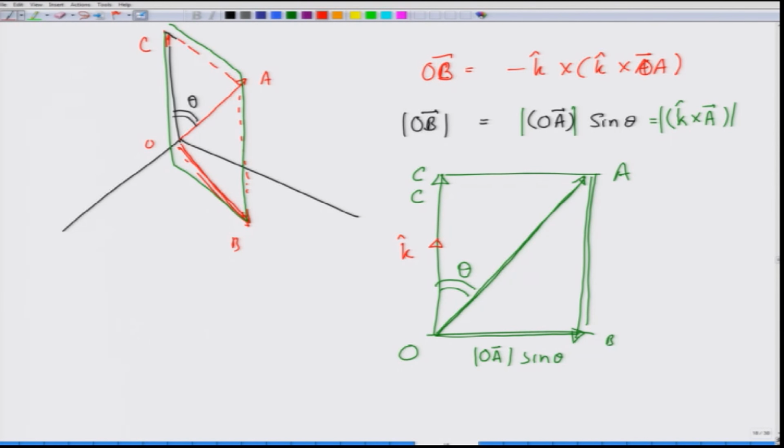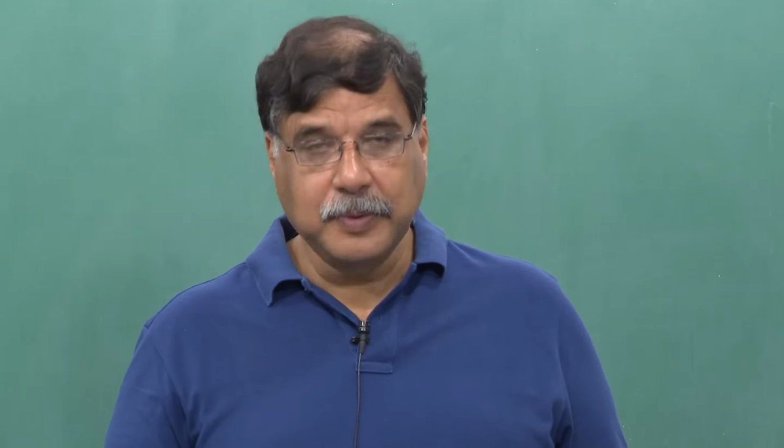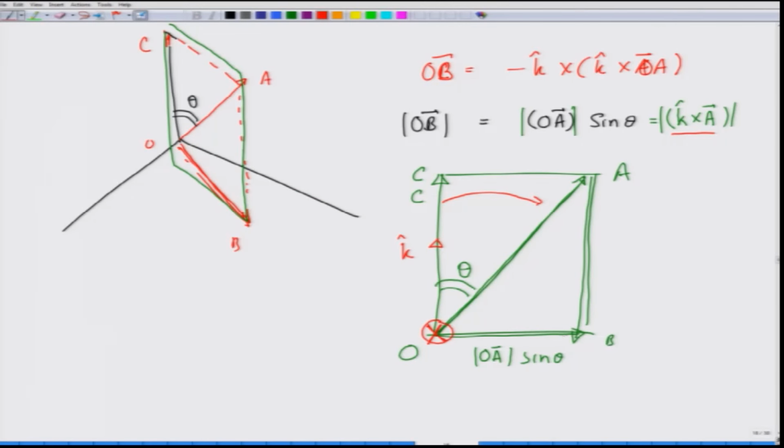So, this is nothing but modulus of k cross A. Notice if I apply my right hand rule to k cross A in this plane, I turn my fingers from k to A, and this is going to be k cross A going into the plane of this paper. So, the magnitude of k cross A is OA sin theta, but its direction is perpendicular to the plane OBAC.